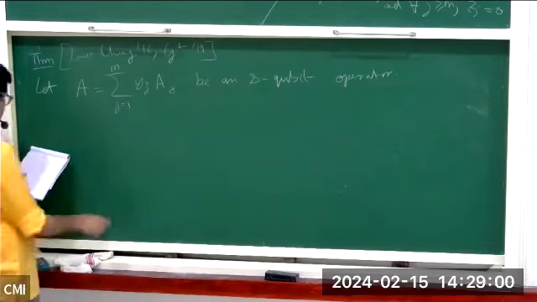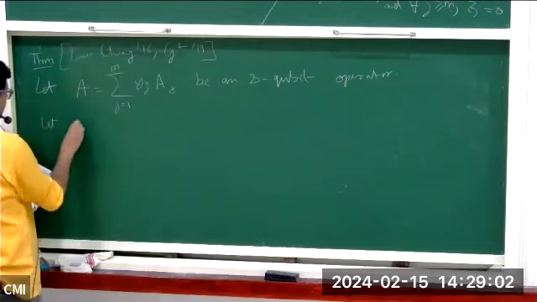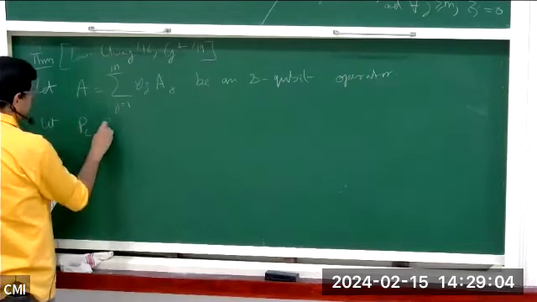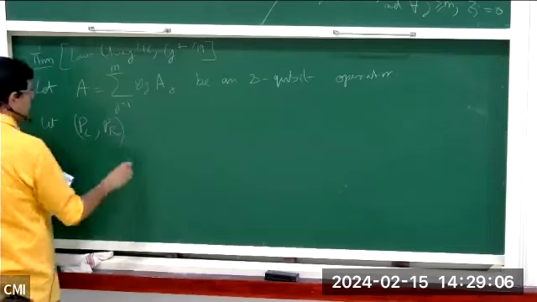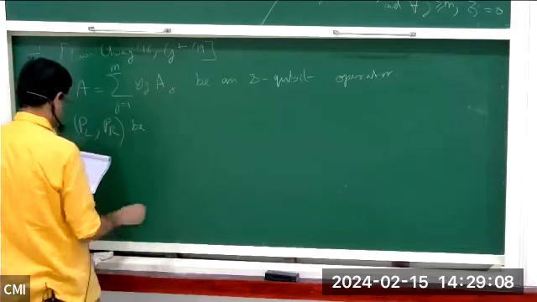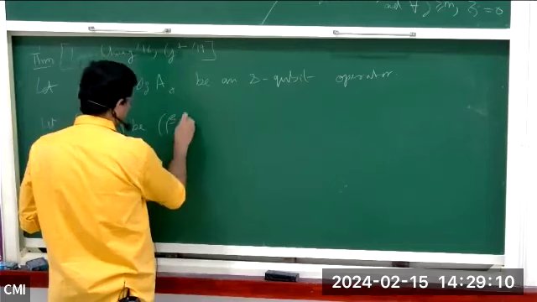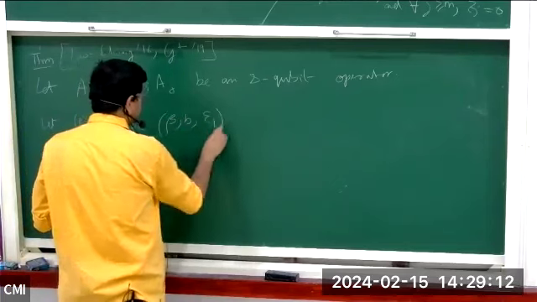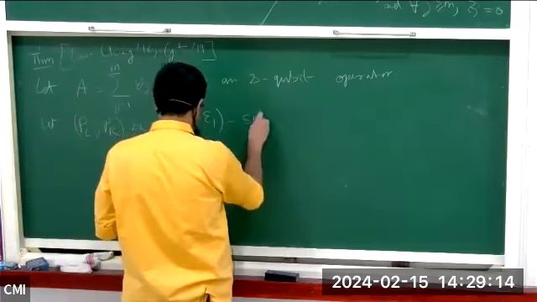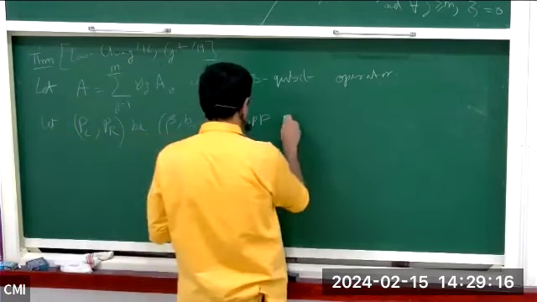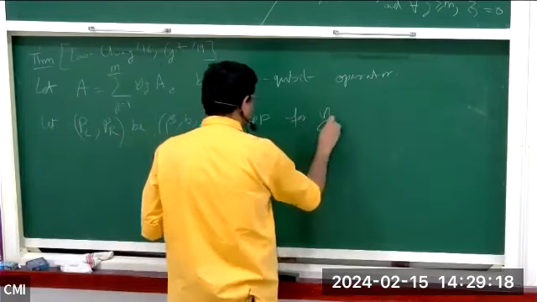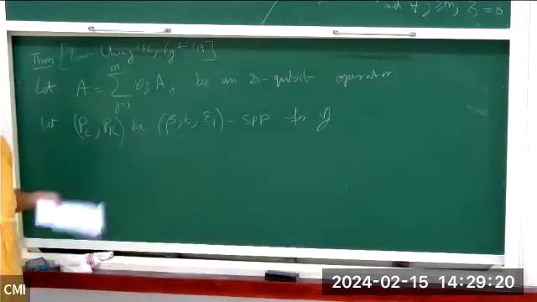Okay. Let P_L and P_R be (β, b, ε1) state-preparation pairs for y. What is y?